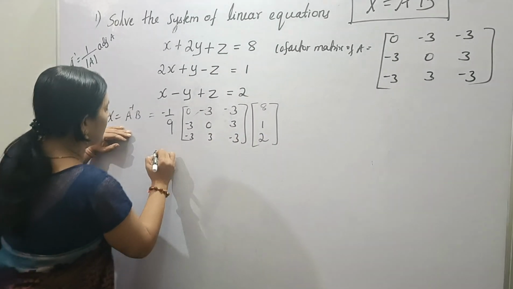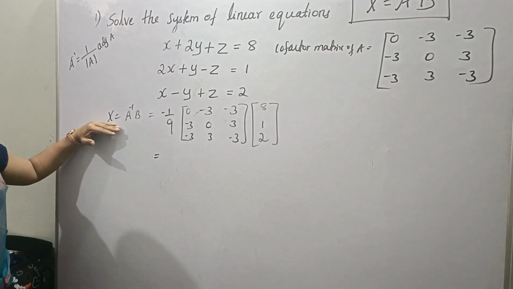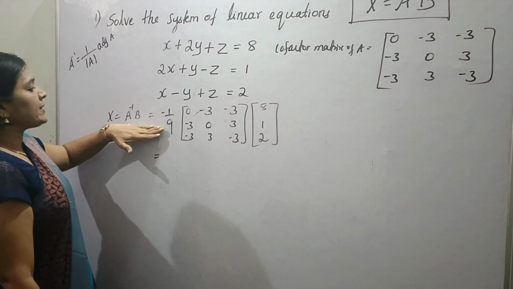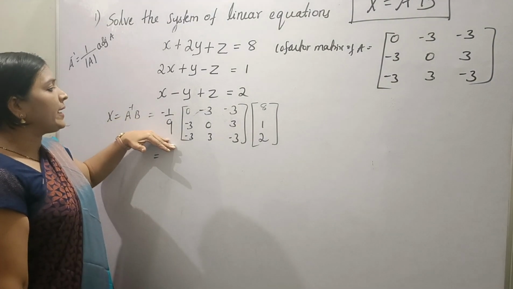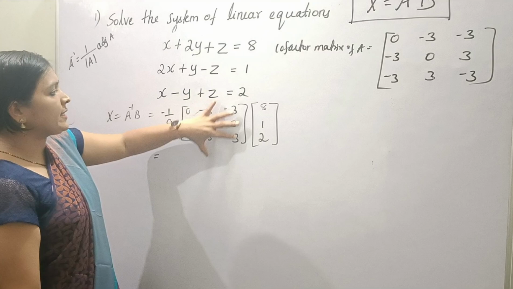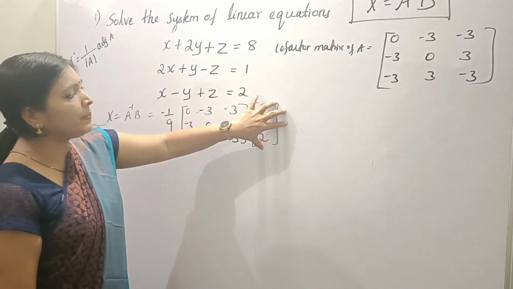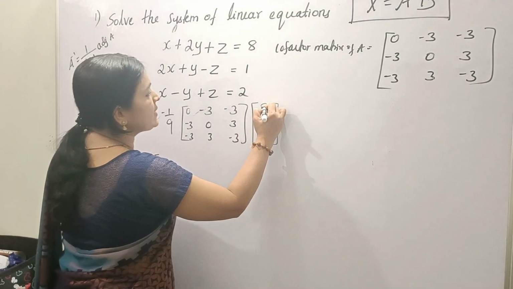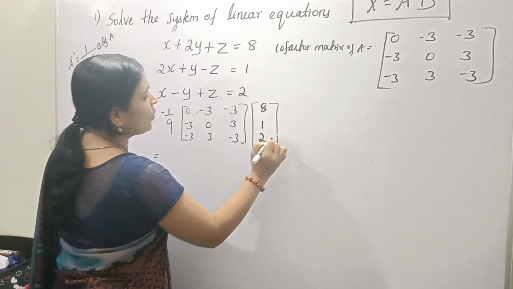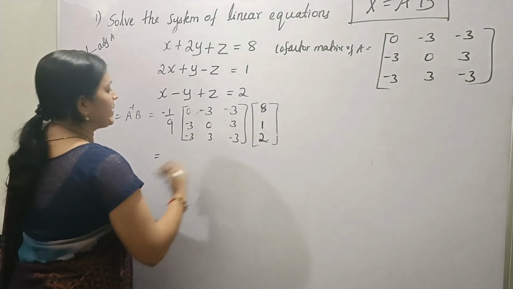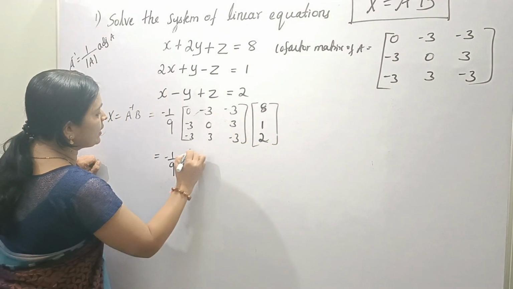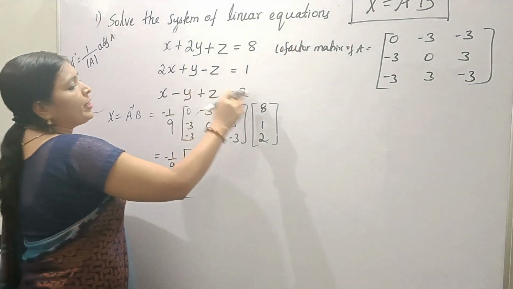So here X is equal to A inverse B. Okay, that is equal to minus 1 by 9 into A inverse into B. B is the column matrix of constants. Okay, now let's multiply these two matrices. Minus 1 by 9 into 0 into 8.